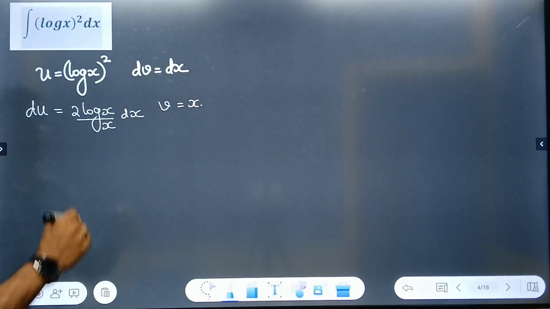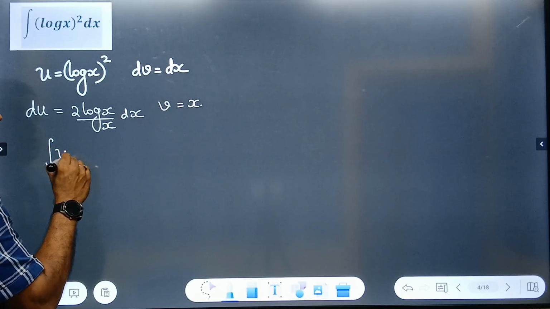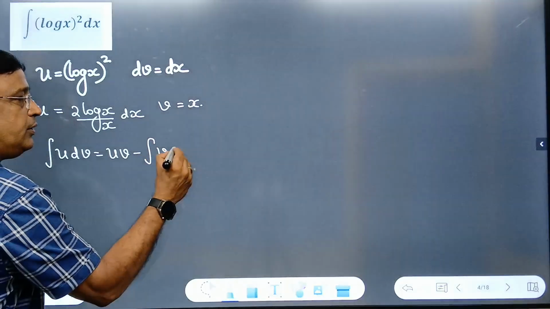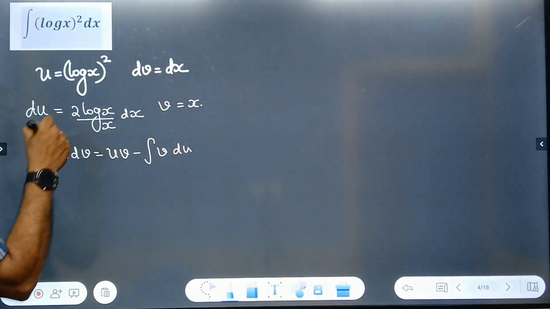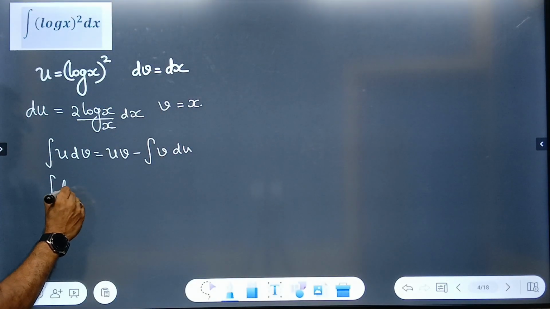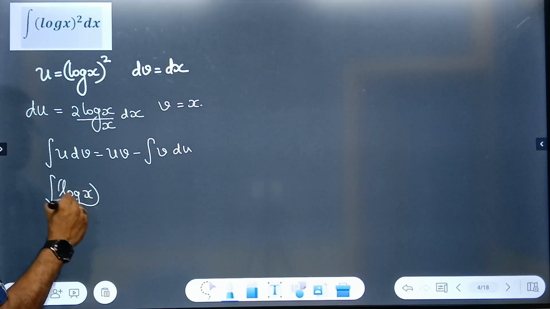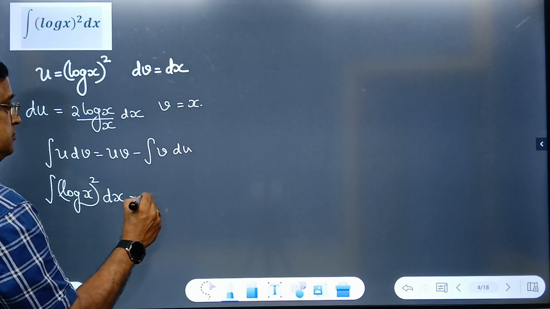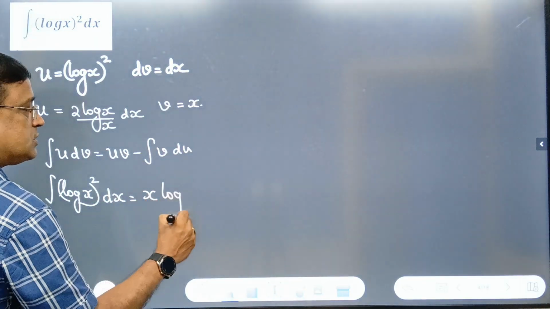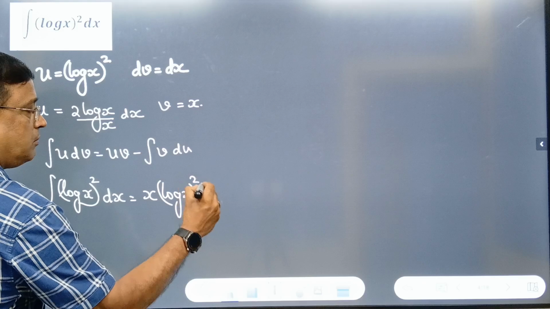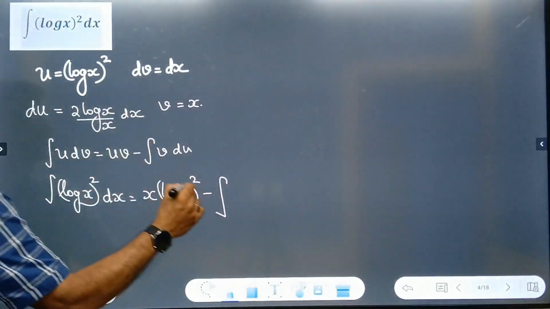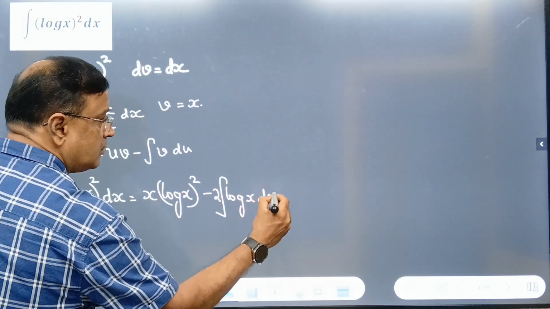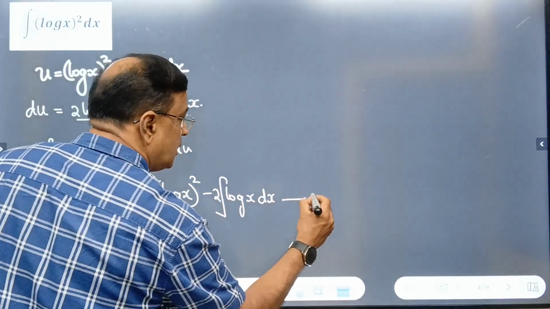Now integration by parts is integral u dv equal to uv minus integral v du. Take all these values and put them inside. So you get integral (log x) the whole square dx equal to x (log x) the whole square minus integral, and 2 will come, and this is log x dx. You can call this 1.